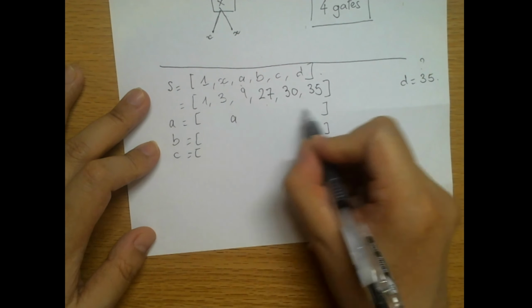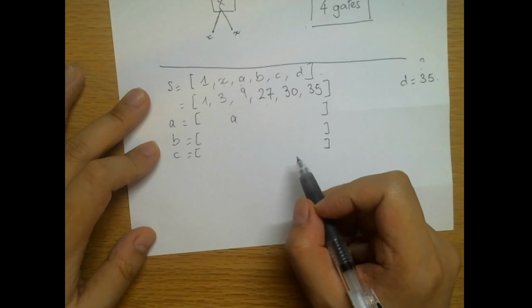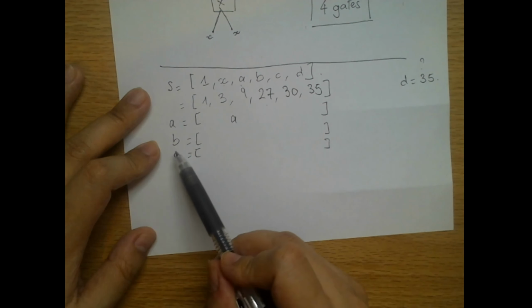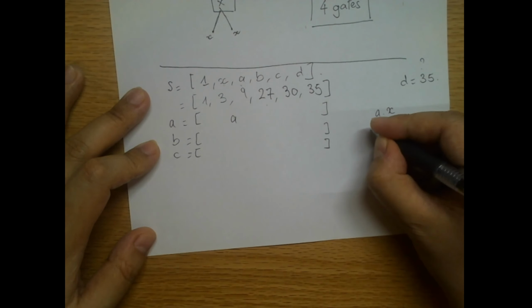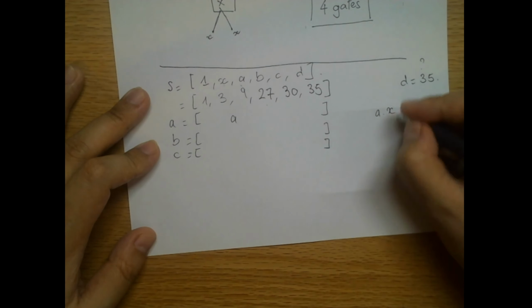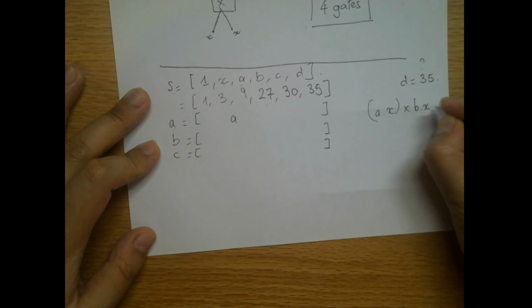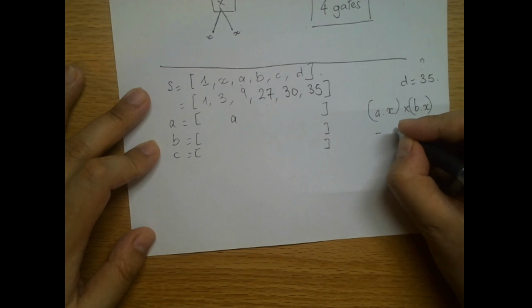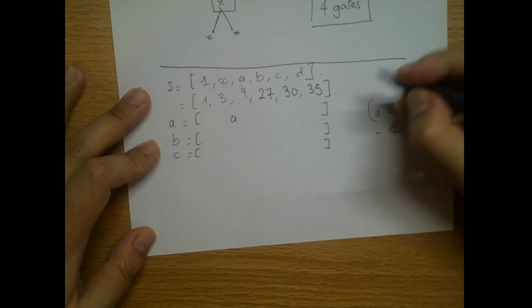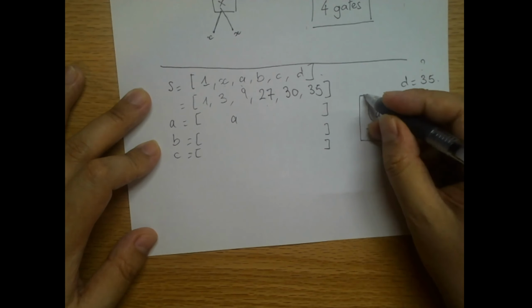So it's going to have 6 values here, 6 values here, such that A times X, multiplied by B times X, minus C equals 0.